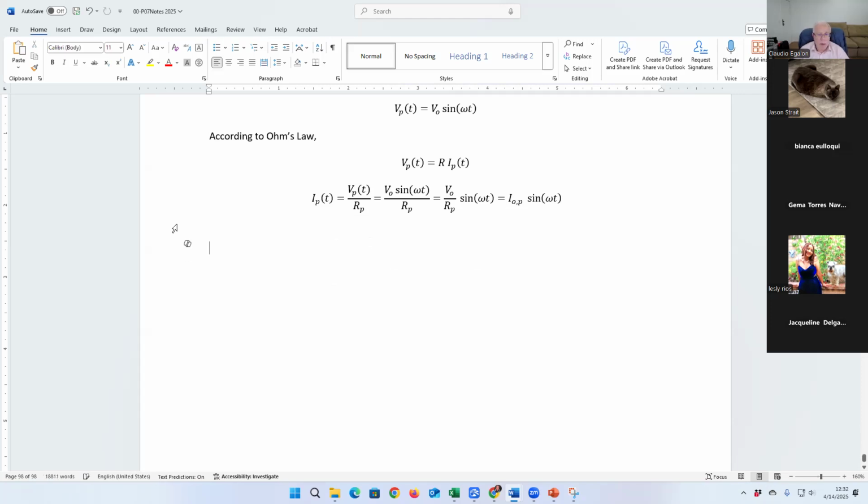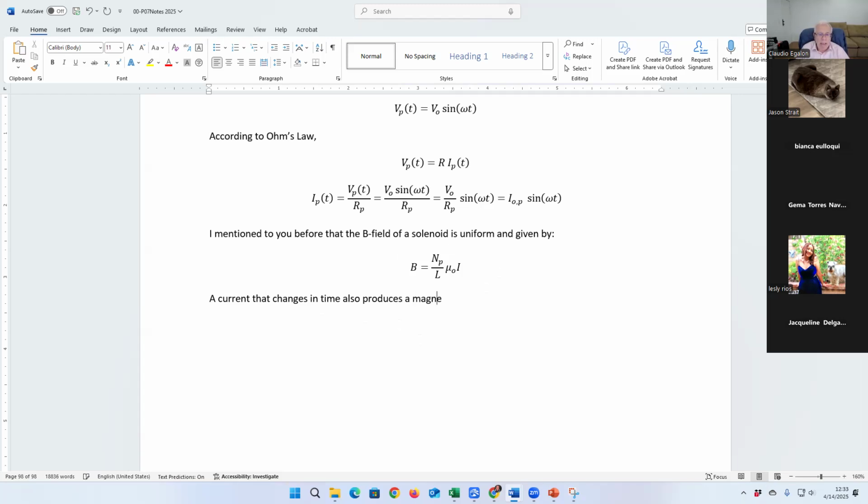Remember, I mentioned to you before that the B field of a solenoid is uniform and given by something like that, where this n here is just the number of turns per unit length, mu naught n I. Remember also, a current that changes in time also produces a magnetic field that changes in time.